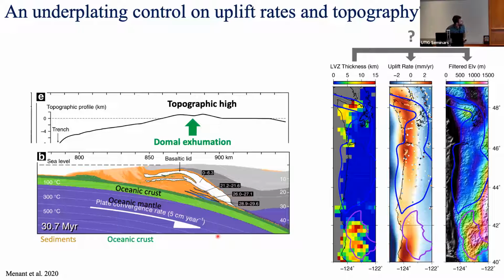When we evolve this model, what we see here, orange is sediments, pelagic or heterogeneous, green is our oceanic crust, basalt in dark, gabbros in our lighter green.